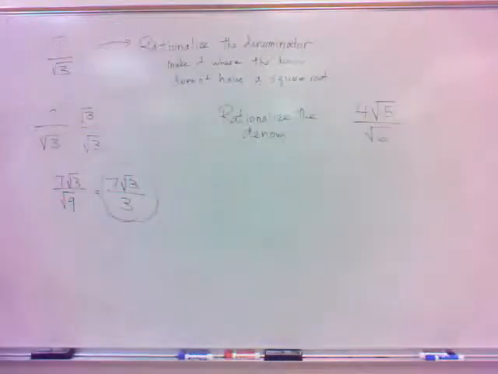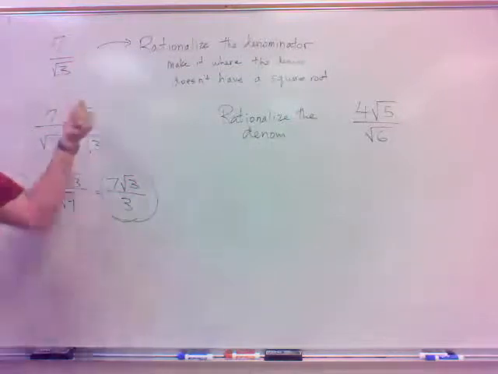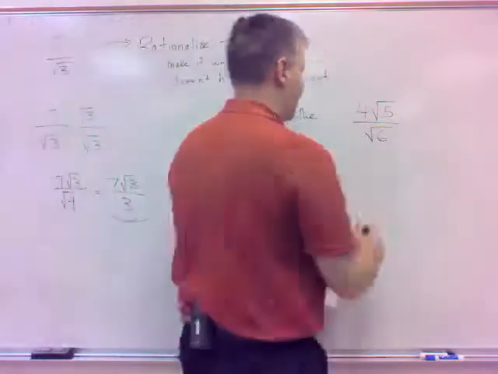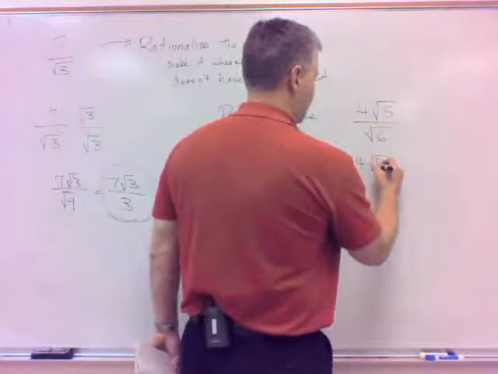Looks a little bit different, and a little something else happens too, but what are we going to do to rationalize this denominator, you think? Multiply by the square root of 6, yeah. Just like over here we multiply by the square root of 3, here we're going to multiply top and bottom by the square root of 6.